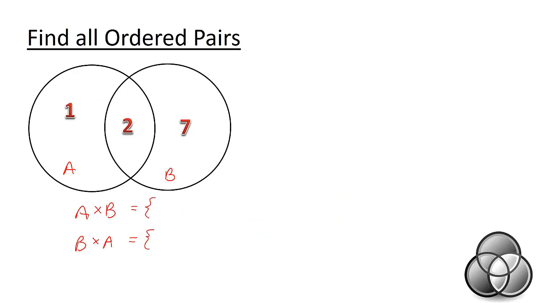Take a moment to pause the video and find the Cartesian products A cross B and B cross A. In this case, since A and B share the element 2, it might be helpful to see A and B as sets. A contains the elements 1 and 2, B contains the elements 2 and 7.